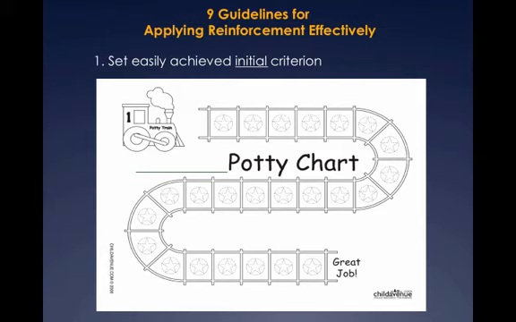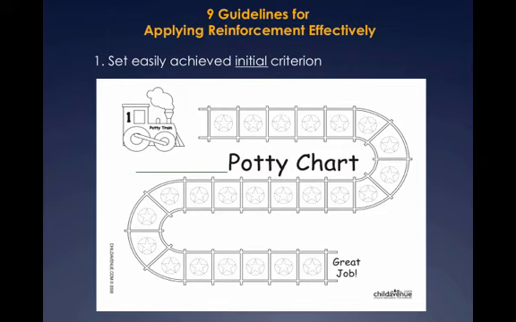However, if instead you tell them they have so many spots here, maybe 20 different boxes in the train track, and you told them they had to use the restroom appropriately and independently 20 times before they got to the reward, they're probably not going to continue that behavior. Hopefully that makes sense.